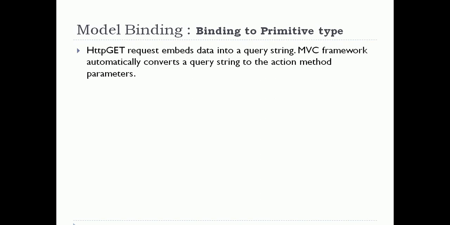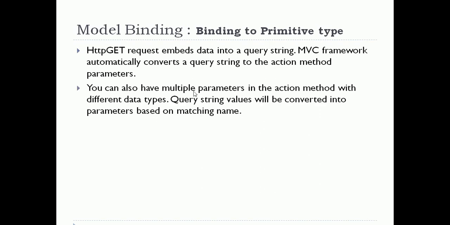The condition is that the query string name and the action method parameter name, or argument name, should match. Now you can have multiple parameters also of different types. Again, query string values will get converted automatically based on the matching name. This is very important.